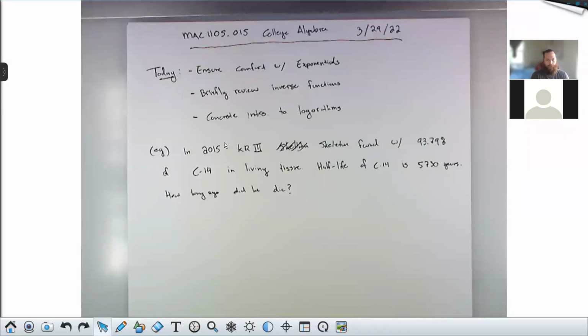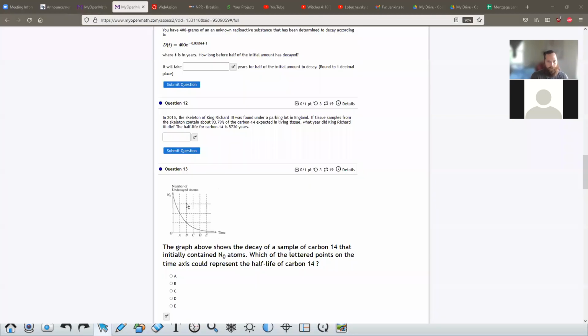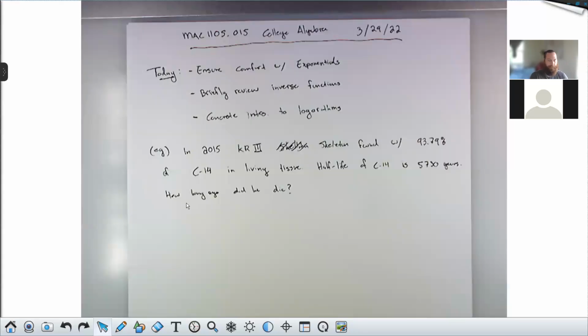So just the important stuff. In 2015, King Richard III's skeleton was found with 93.79% of the carbon-14 in living tissue. Half-life of carbon-14 is 5,730 years. How long ago did he die?